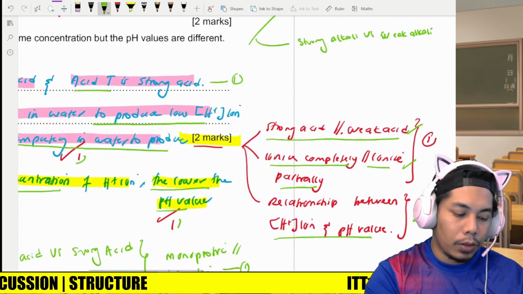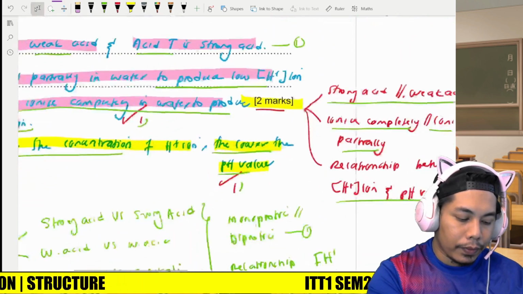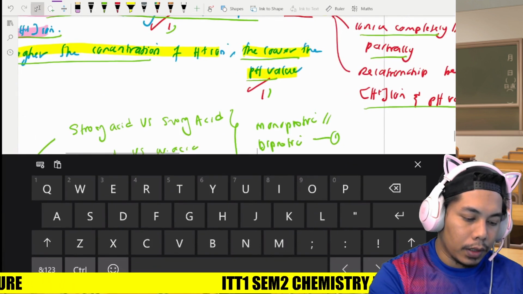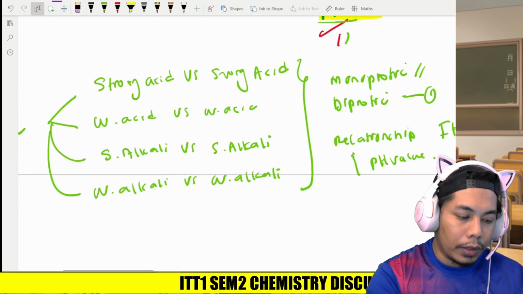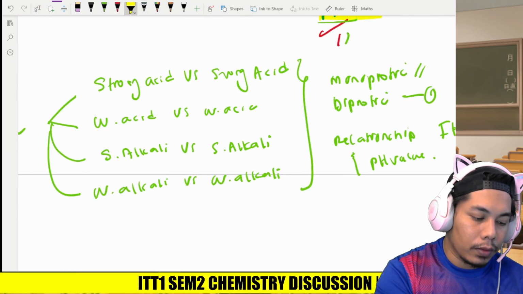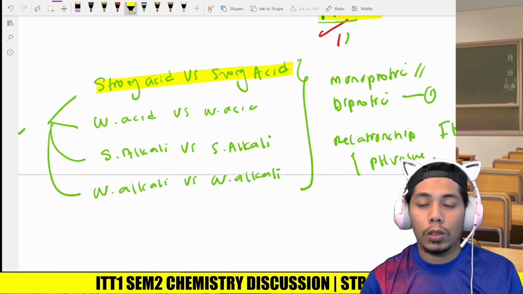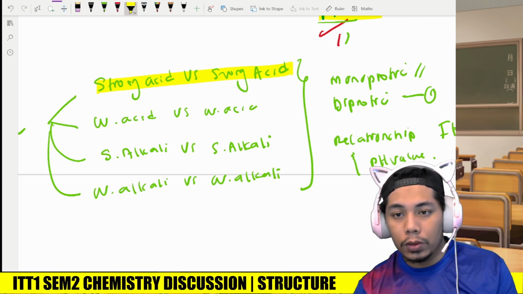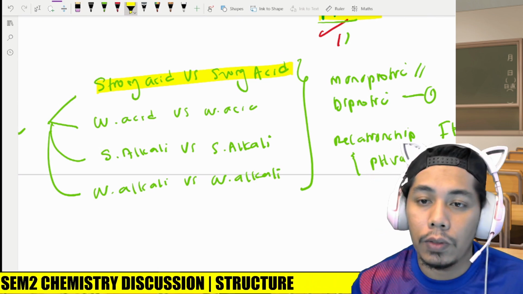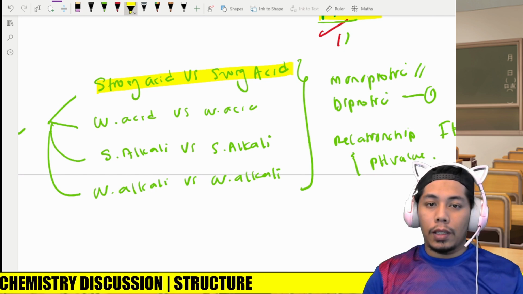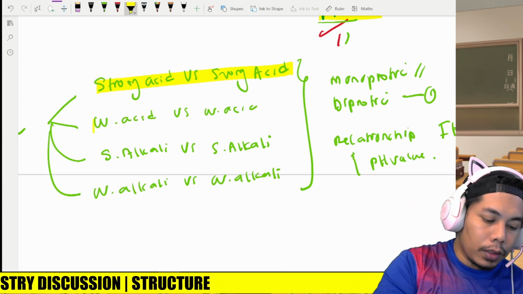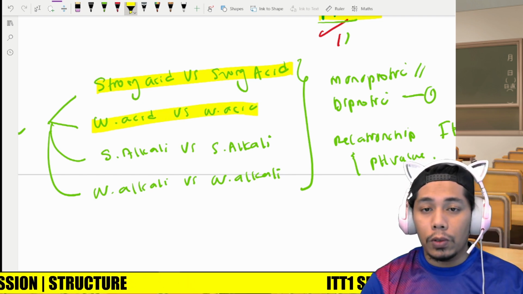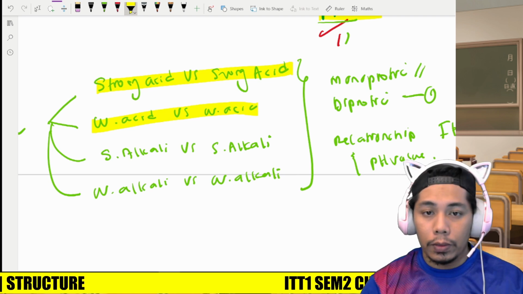Tapi kalau soalan tu dia tanya, okay, kalau dia tanya antara strong acid dengan strong acid, contohnya dia suruh buat comparison HCl dengan H2SO4, macam mana nak explain kenapa pH value dia berbeza. Okay. Ataupun dia cerita pasal weak acid dengan weak acid, contohnya H3PO4 dengan CH3COOH.